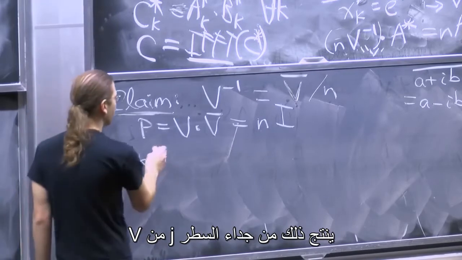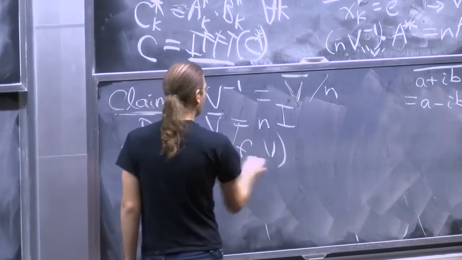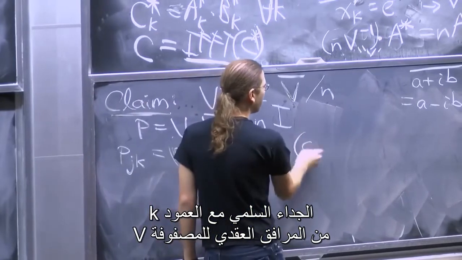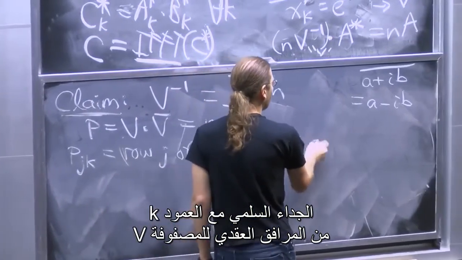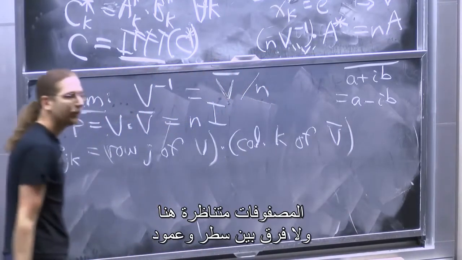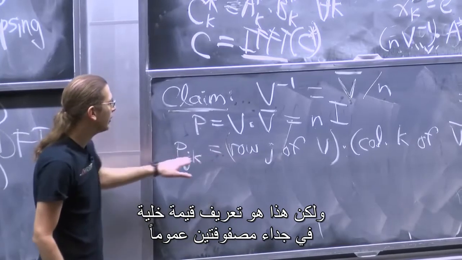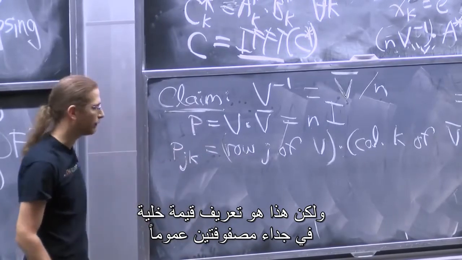That's going to come from row j of v, dot product with column k of v complex conjugate. Now, the matrices here are symmetric, so actually rows and columns are the same. But that's the general definition of the cell in the product of two matrices.